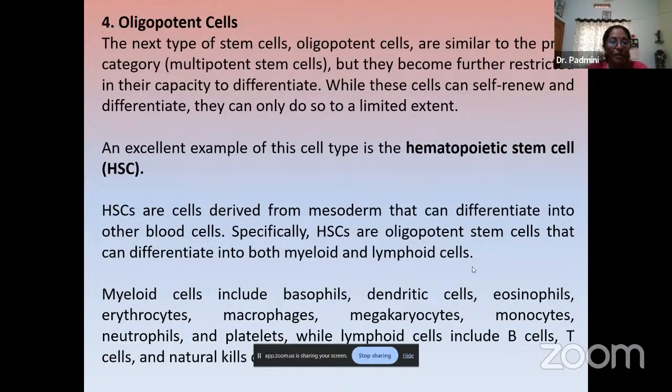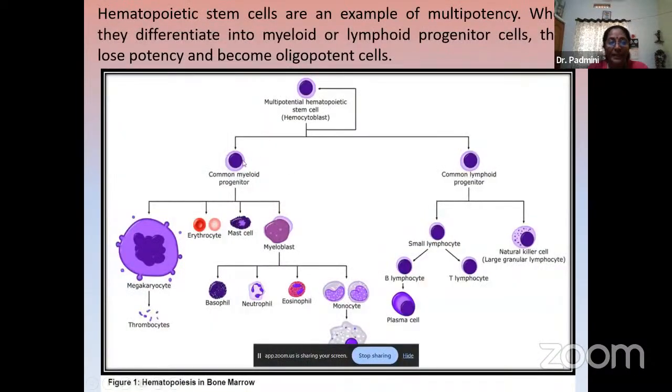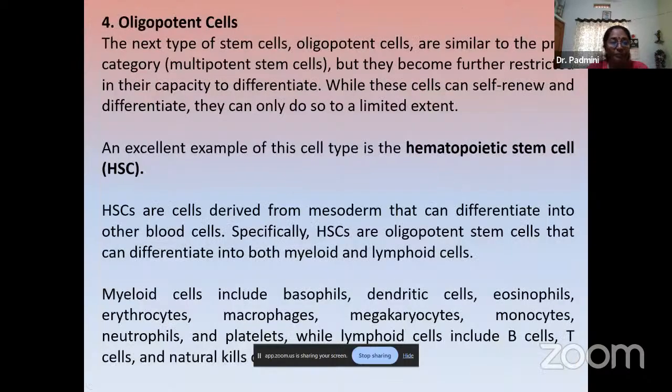These are derived from the mesoderm and can differentiate into other blood cells. Specifically, the HSCs, the hematopoietic stem cells, are oligopotent stem cells that can differentiate both into myeloid and lymphoid. So here you can see they can either turn into myeloid cells or into lymphoid cells, but they are not multipotent.